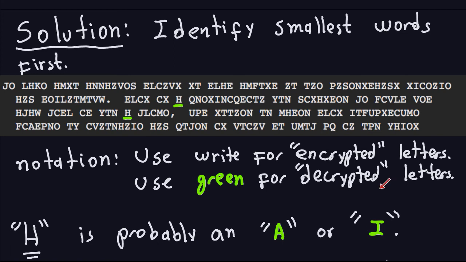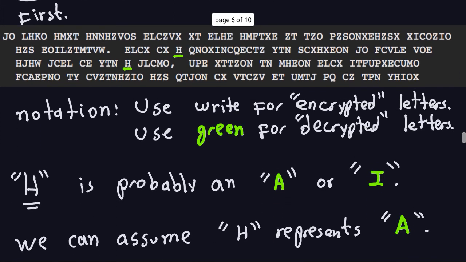So in this case, we can assume that the letter H represents the letter A. H here is the ciphertext, and A, in green, will be the plain text.